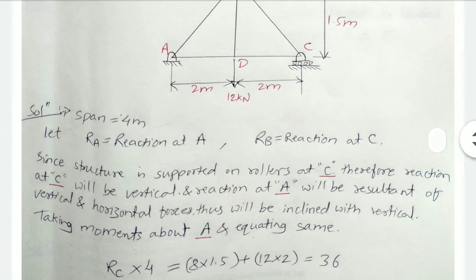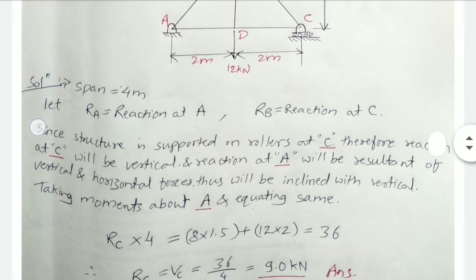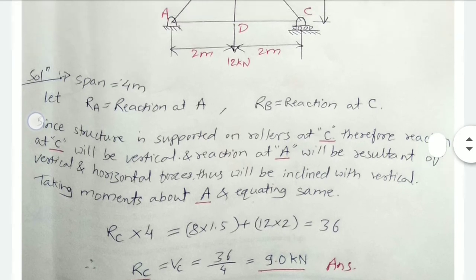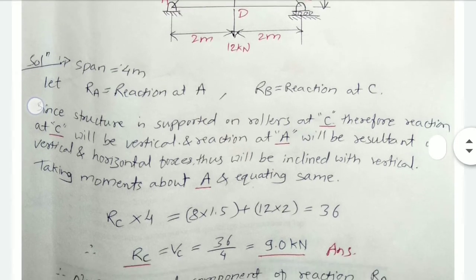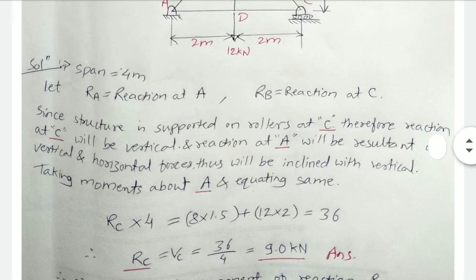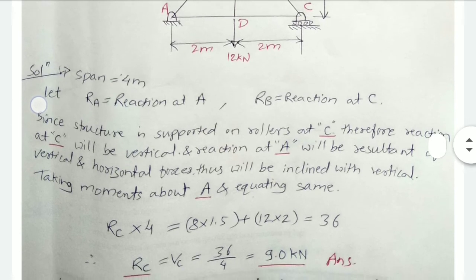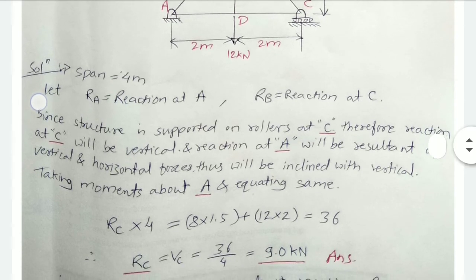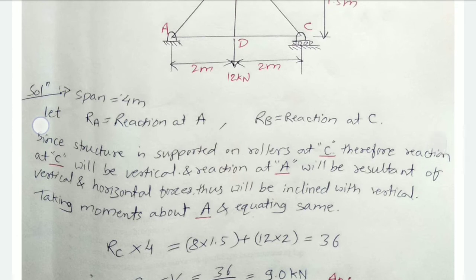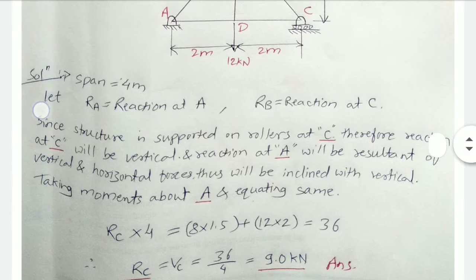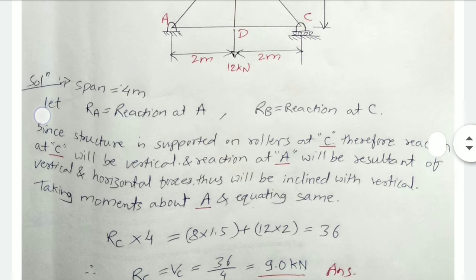Since the structure is supported on a roller at point C, the roller support is at the right hand side. Therefore the reaction at C will be vertical, because of the horizontal support. At the left hand side, that is at point A, it will be a hinge support, so it will have the resultant of the vertical and horizontal forces.